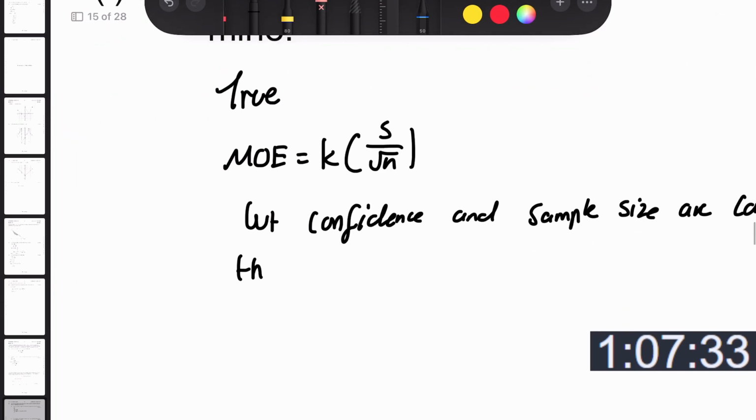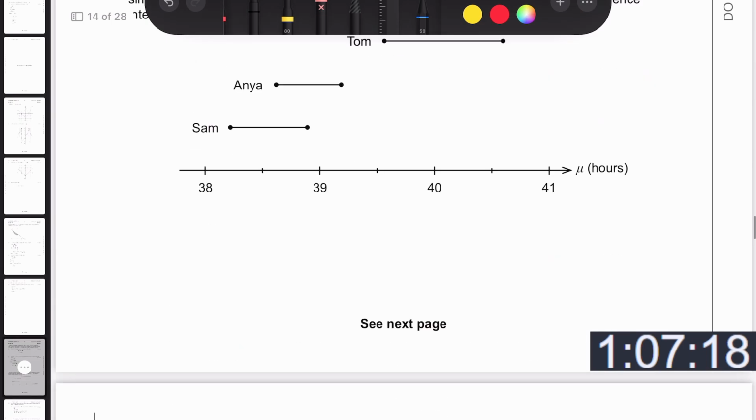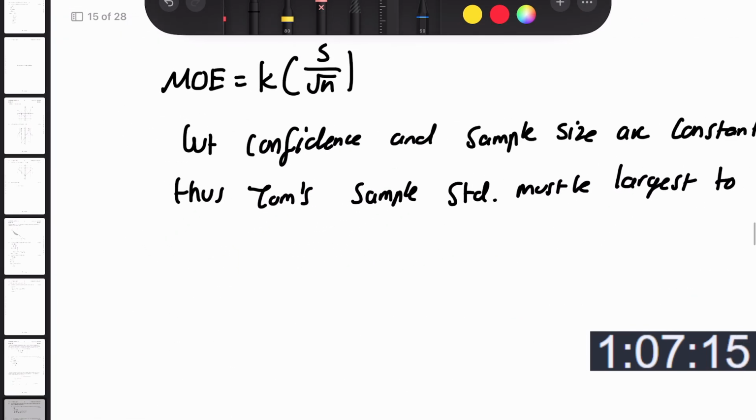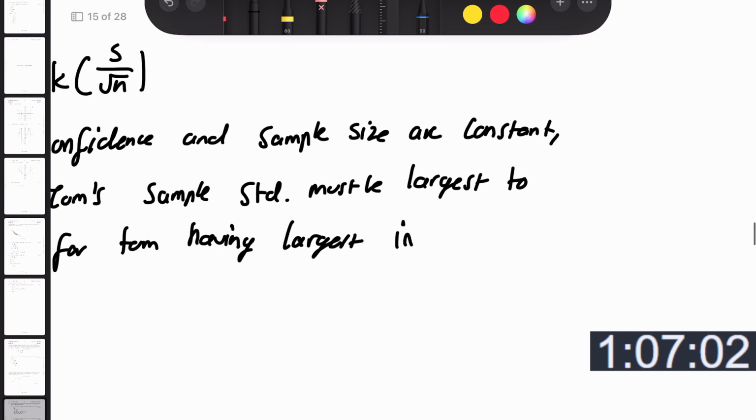Thus, Tom's sample standard deviation must be largest, to account for him having the largest interval width.